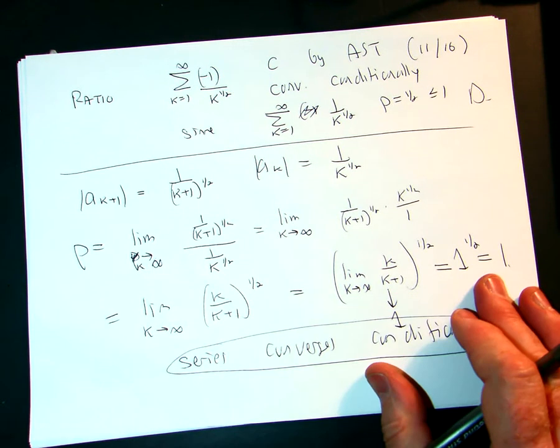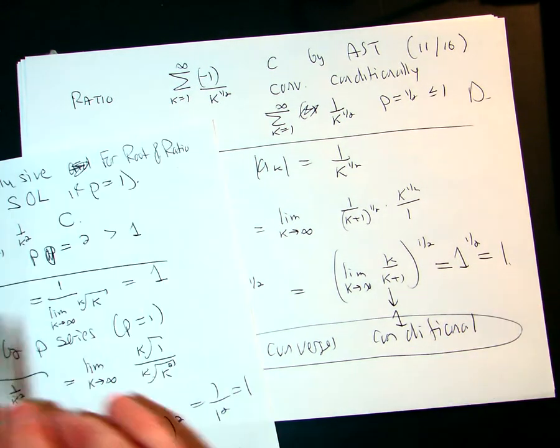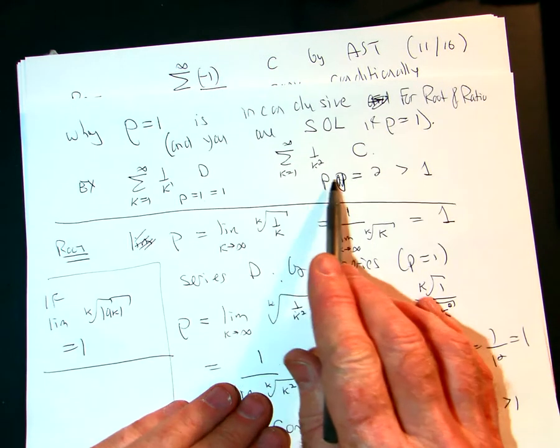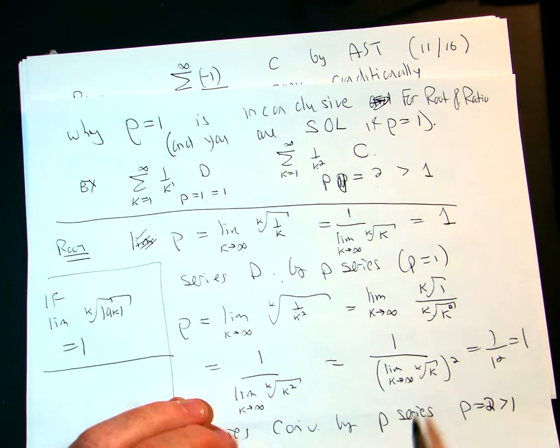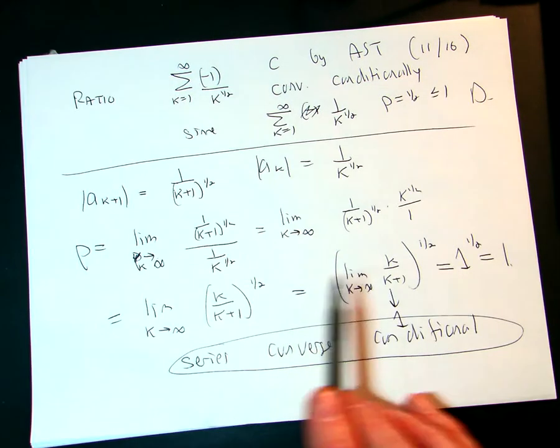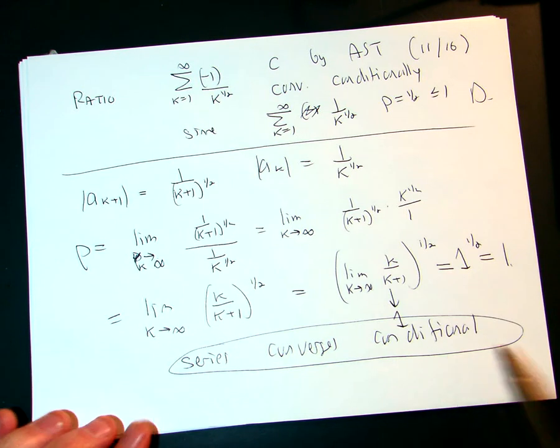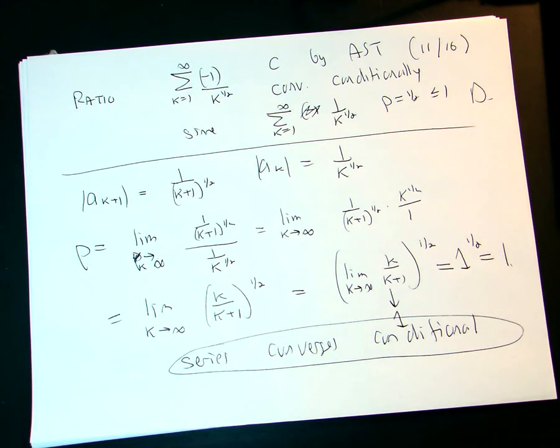So if rho is equal to 1 in these tests, I could get divergence. If rho is equal to 1 in these tests, I can get convergence as I did here, this one down here. If rho is equal to 1 as I did here, I can get conditional convergence. So basically anything can happen. I can get a divergent series if rho is equal to 1. I can get an absolutely convergent series if rho is equal to 1.